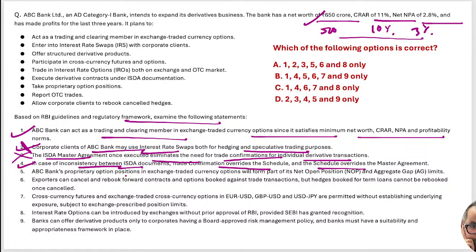ABC Bank's proprietary options in exchange traded currency options will be part of net open position and aggregate gap limit. That is true. Next one, an exporter can cancel and rebook a forward contract and option booked against the trade transaction, but one booked for the payment cannot be rebooked once cancelled.